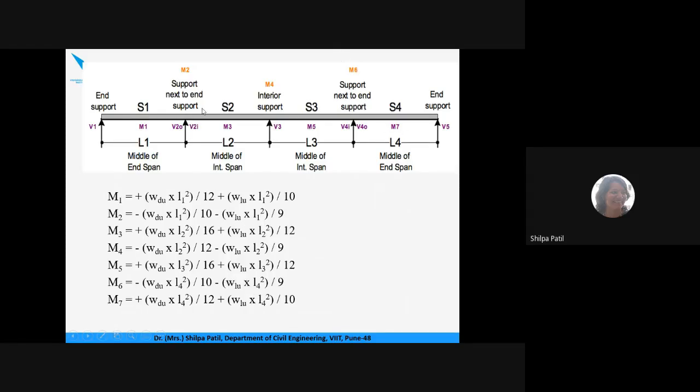You have to check this carefully. Similarly, for M4 we have considered the span L2. Is it clear? So M1, M2, M3, M4, M5, M6, M7, how these values are calculated, I have explained through the example. This is about the bending moment.